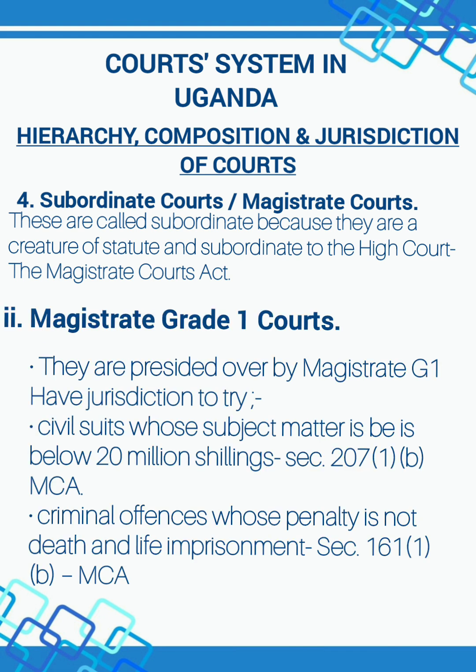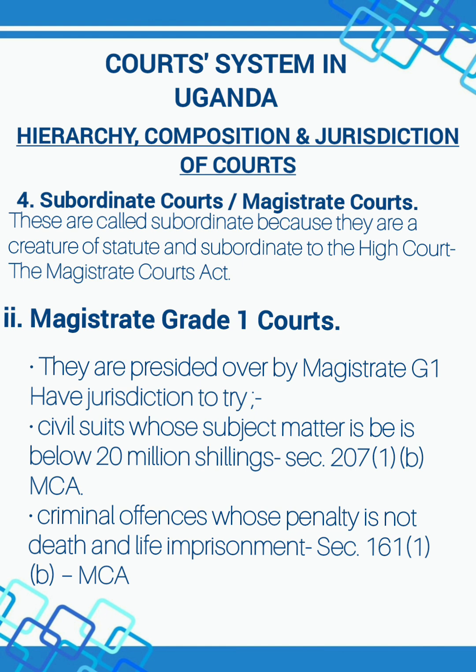These courts have jurisdiction to try civil suits whose subject matter is below 20 million shillings. You look at section 207, subsection 1, paragraph B of the Magistrate Courts Act. For criminal cases, it has jurisdiction to hear cases whose penalty is not death and not life imprisonment. You look at section 161, subsection 1, paragraph B, Magistrate Courts Act.